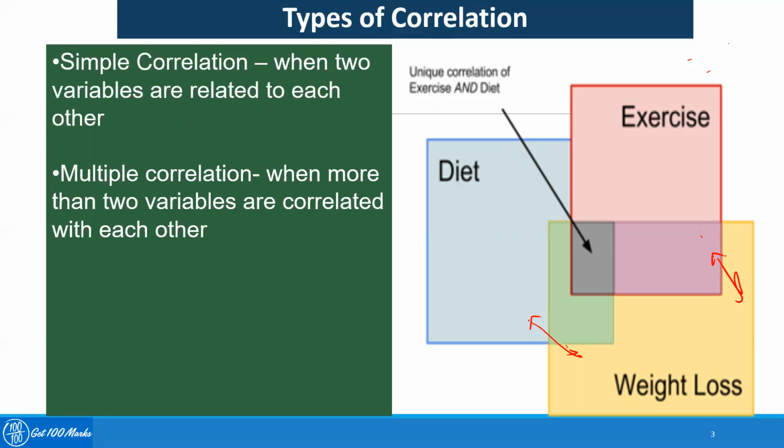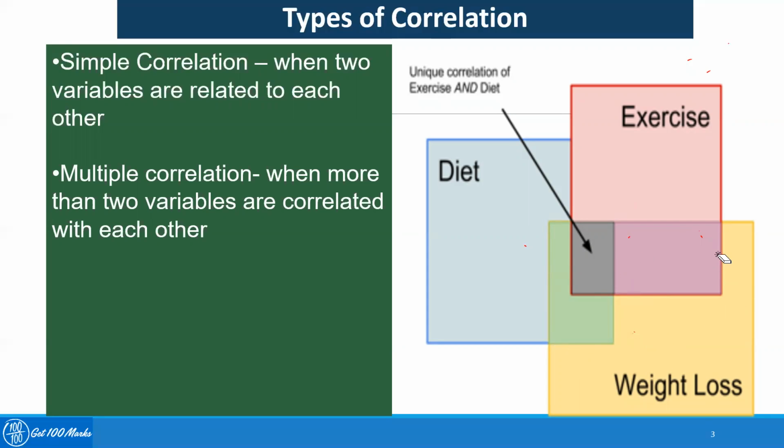When more than two variables are correlated with each other, it is called multiple correlation. So more than two variables are studied. Suppose in the same example, we are trying to see how weight loss is related to diet and exercise. So there are two independent variables which influence the dependent one.